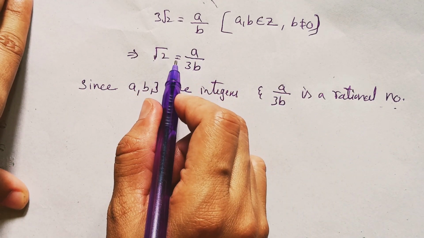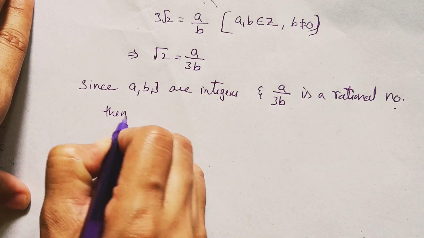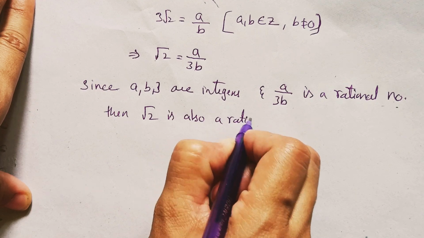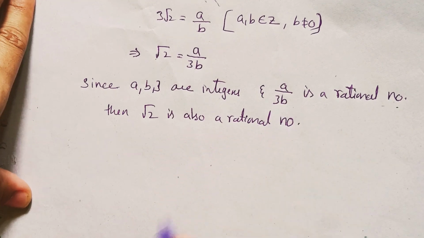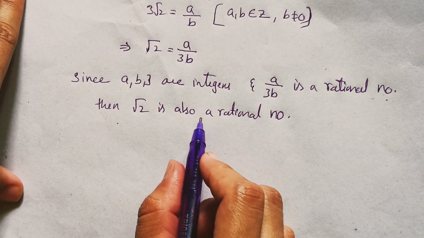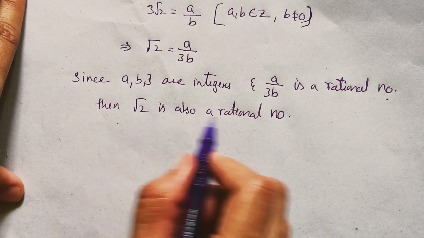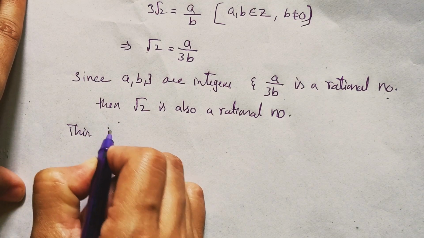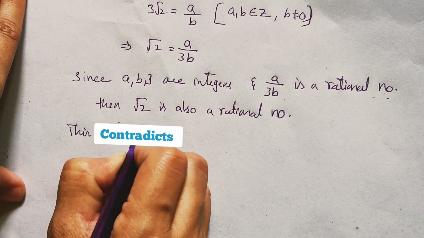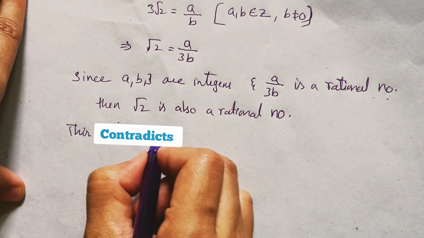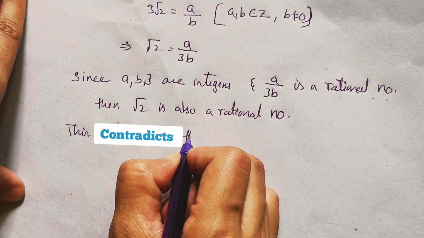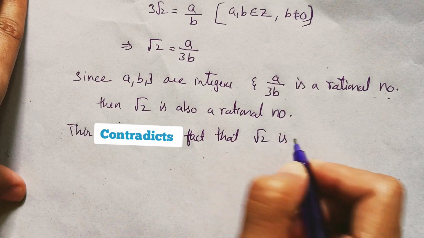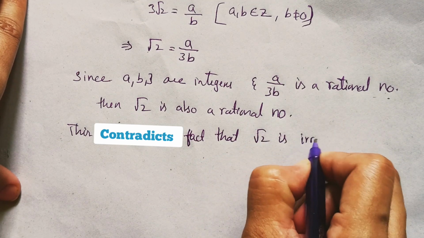Why? Because equal is there. Then root 2 is also a rational number. But this is false. We have proved in the theorem that root 2 is an irrational number. That's why we can write that this contradicts the fact that root 2 is an irrational number.